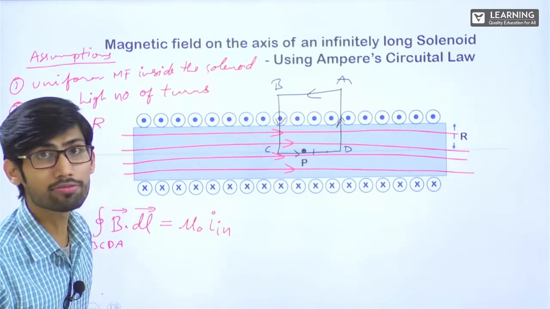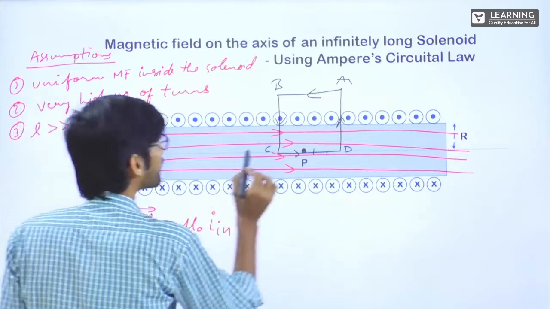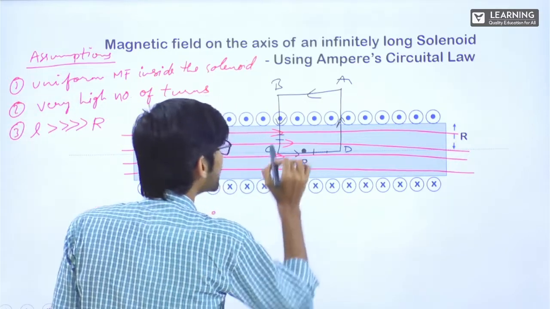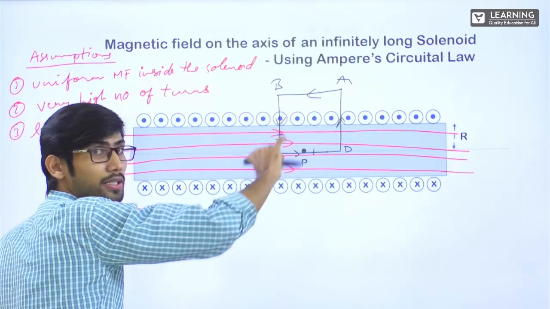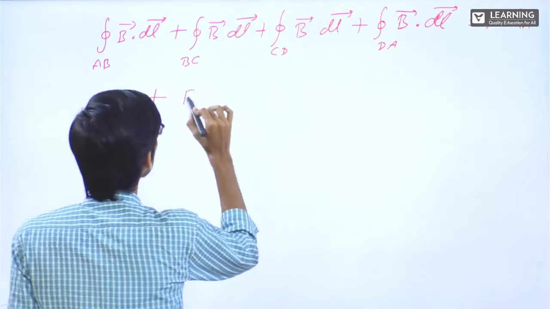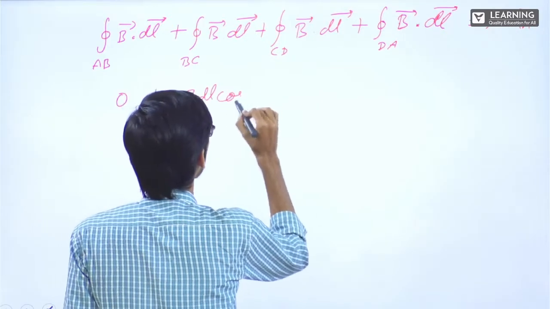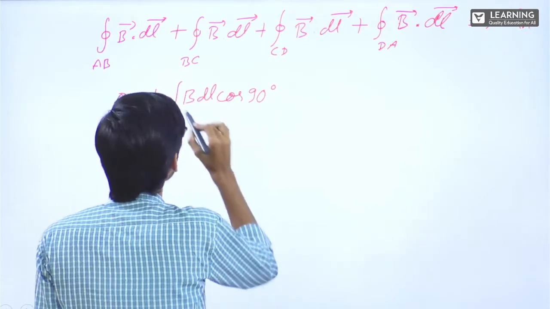BC. For BC, if I take any small dl here, the dl's direction is downwards and the magnetic field is this side, that is 90 degrees. So this will be B dl cos 90. That will again be 0, not a problem.